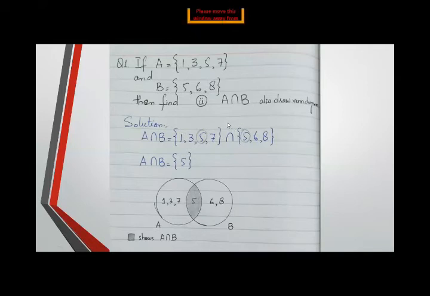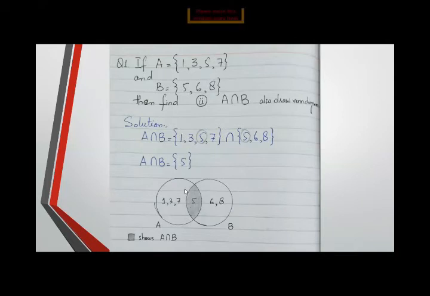From the definition of intersection, when we take the intersection of both sets, we write the common elements of both sets. Here we can see, students, that 5 is common in both groups. Here we write 5, which is the intersection of A and B.